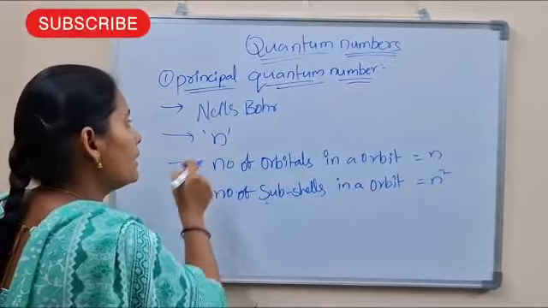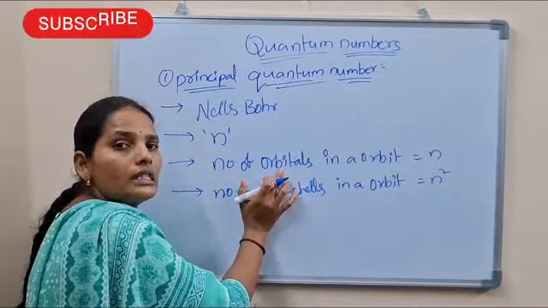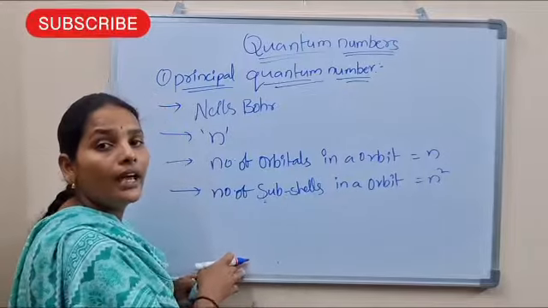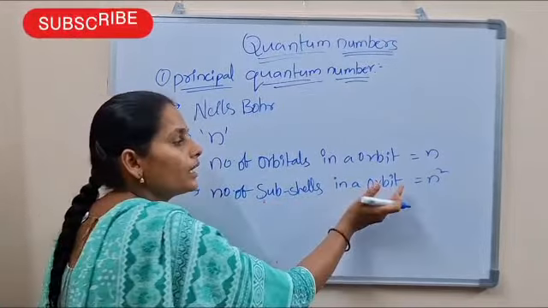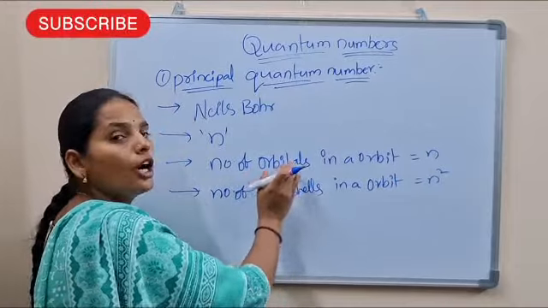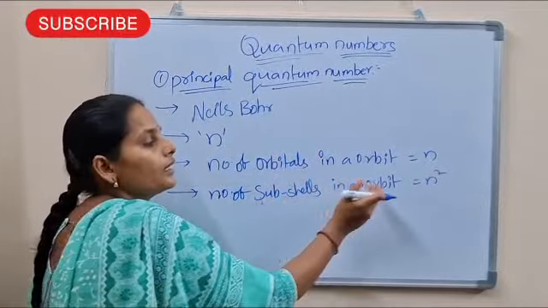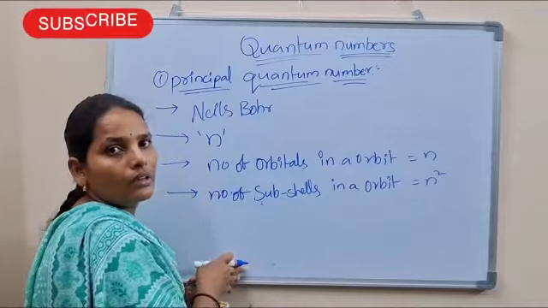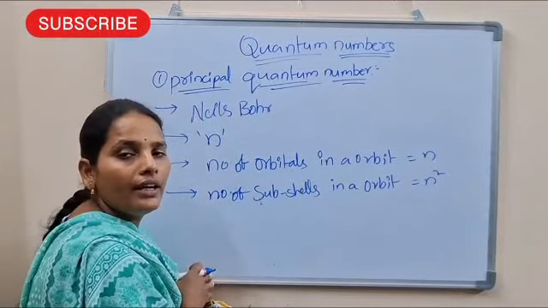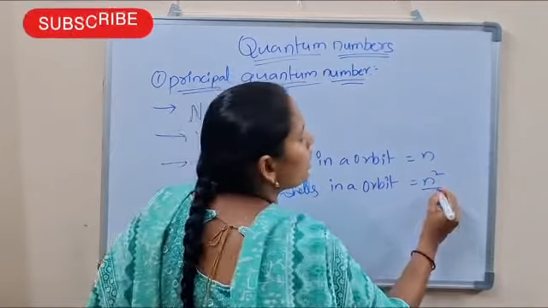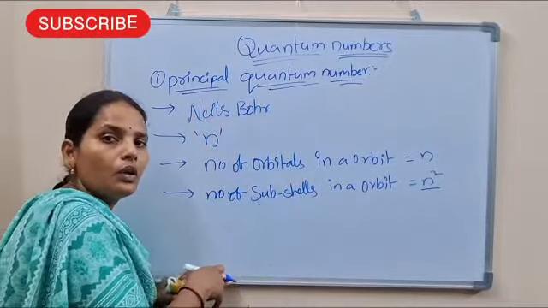If we want to find the number of subshells, we use the formula N square.